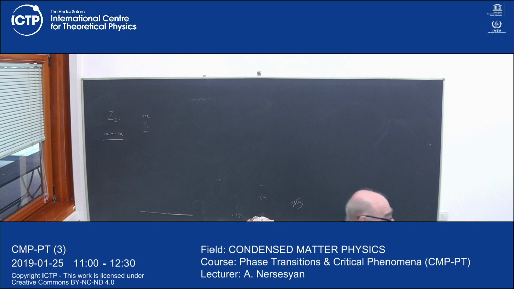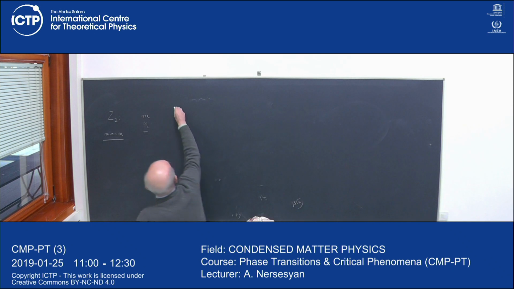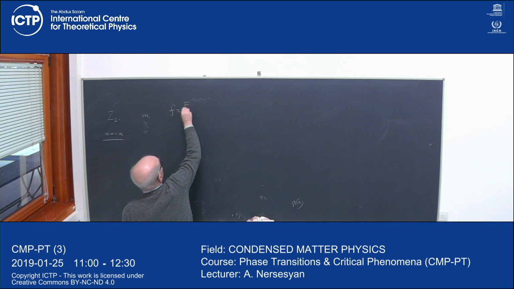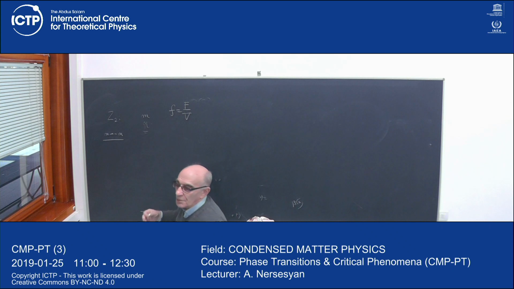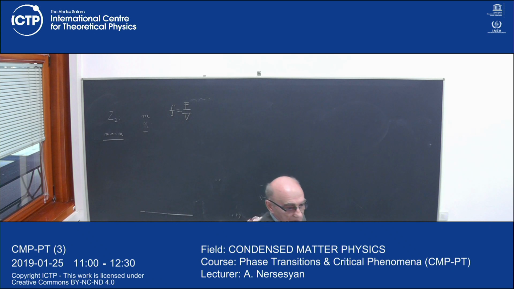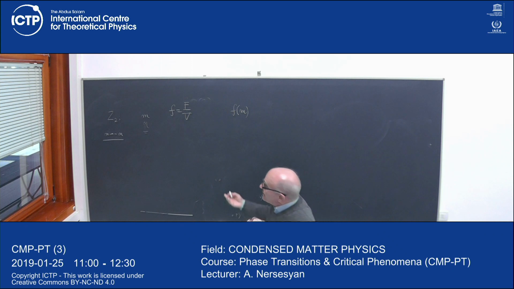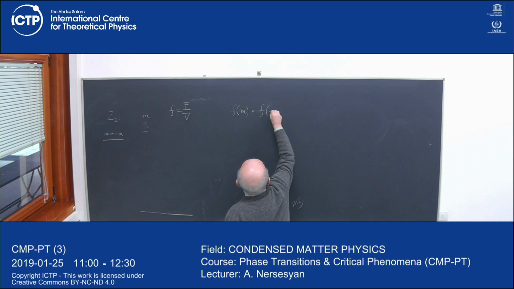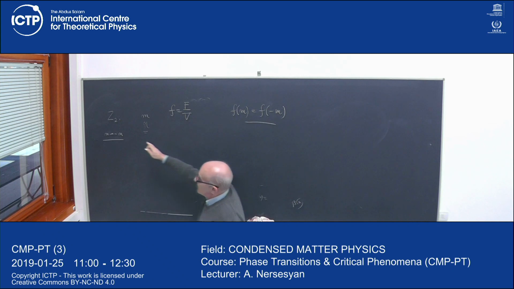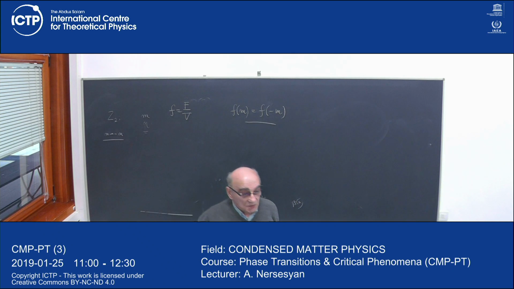The second thing is much deeper, as we already discussed. It's an assumption that the free energy, well, from now on, again, as last time, I will only deal with free energy either per particle or per unit volume. We will be dealing with the density of free energy as a function of this order parameter. Well, one thing is clear. It should be an even function of M because of the Z2 invariance.